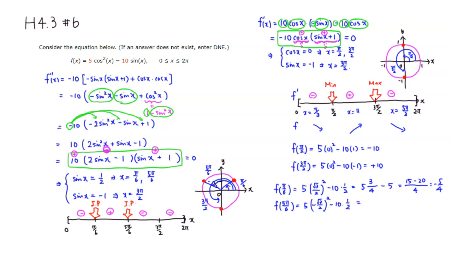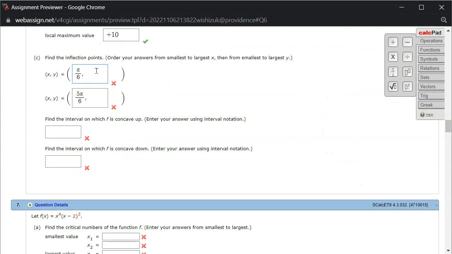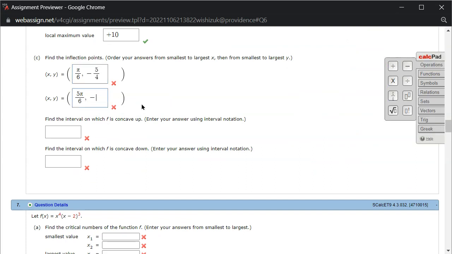It's exactly the same value. So it's going to be negative 5 over 4. So we're going to just type in negative 5 over 4, and here also negative 5 over 4. Let's check the answer.